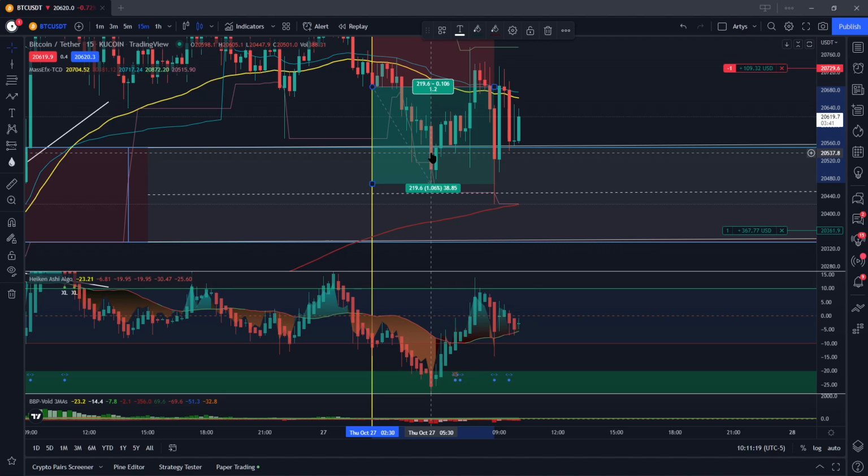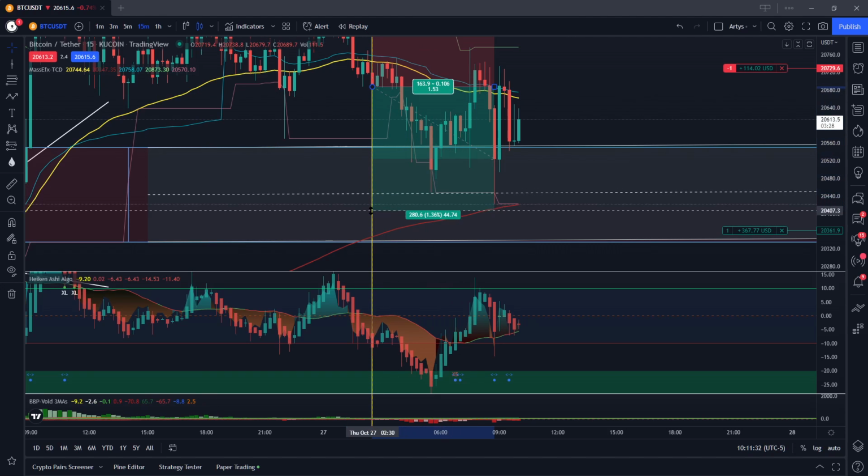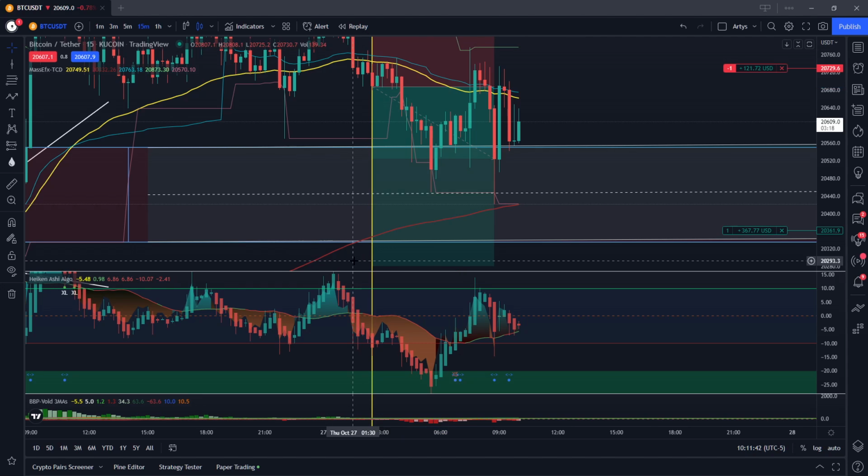That would be a 1 to 3.21. I'm going against the trend, so it's 1 to 2.21. I'm going to move this to 1 to 2.21. And that brings me down to here. This trade will end down here.